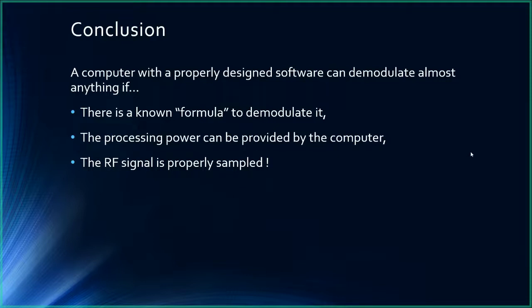Sometimes some modulations need a huge computer, in particular if you want those very nice waterfalls on wide screens with high resolution, then the computer will cost you much more than the SDR. And of course, make sure that the RF signal is properly sampled, because you can have the best formula in the world, if the ADC doesn't work, there's no magic. You cannot transform a badly sampled signal into something that sounds nice to your ears.